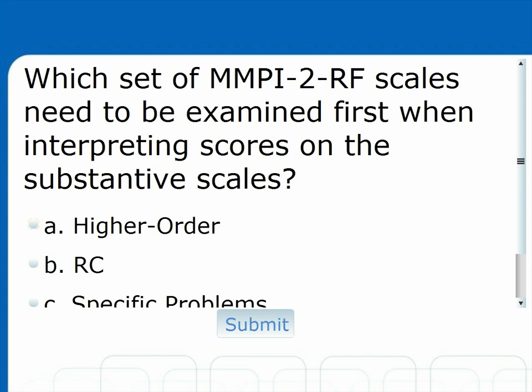The correct answer is A, the higher order scales. As we've discussed, the test is organized hierarchically with the higher order scales at the top of the hierarchy, and therefore interpretation of the substantive scales follows this same framework, beginning with the higher order scales.